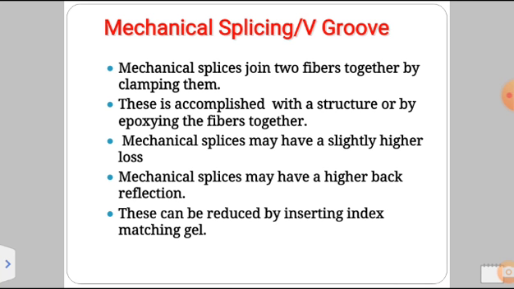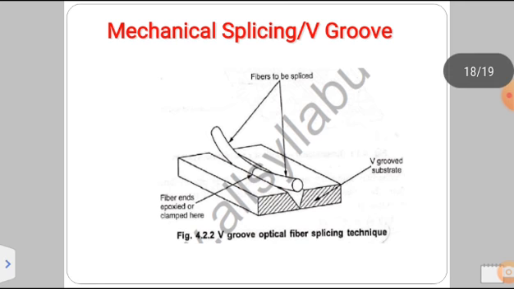But this is not like a splice connection, a permanent connection; here it is temporary, and it gives a larger amount of loss compared to the splice connection, maybe up to 0.1 dB loss for each mechanical splicing or V groove.